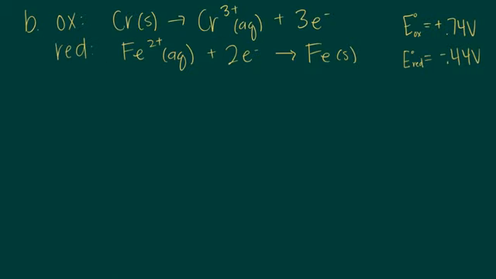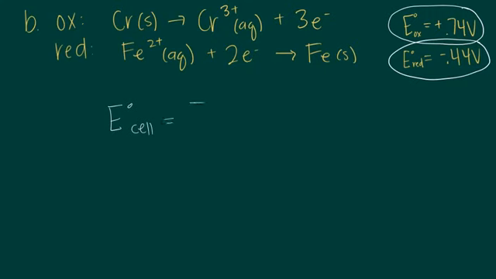In part B, we are asked to find the standard cell potential. So written out, we have our oxidation potential and our reduction potential. And we know that E cell naught is equal to the reduction potential plus the oxidation potential.